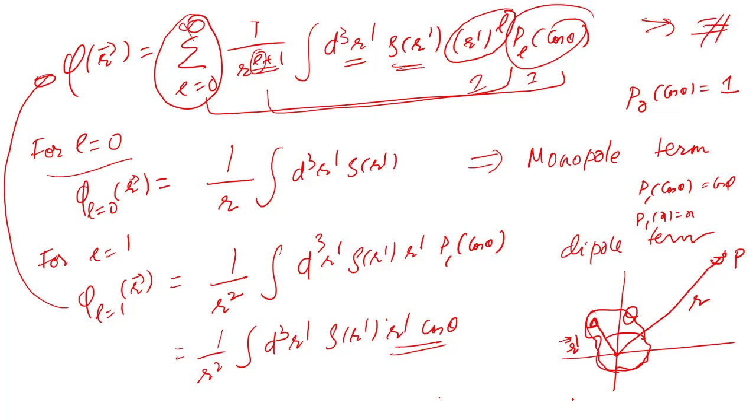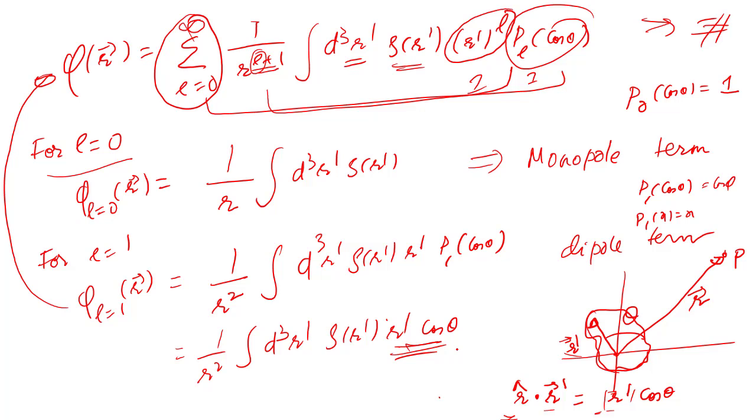So if I look at the unit vector r dot r prime, then that would be simply r prime cosine theta, because r is a unit vector, it won't feature here, it's just one, and the magnitude of r prime is r prime, times cosine theta, which is what we have here.